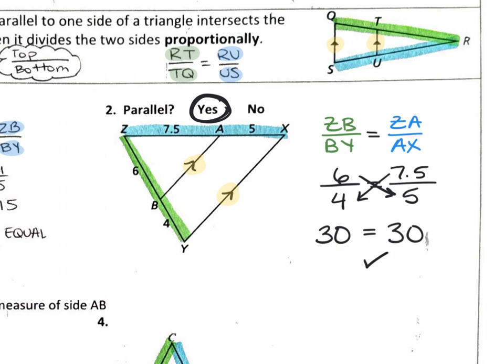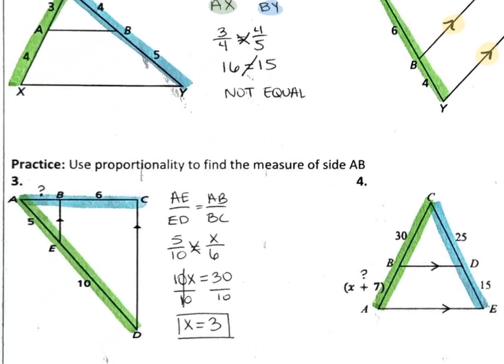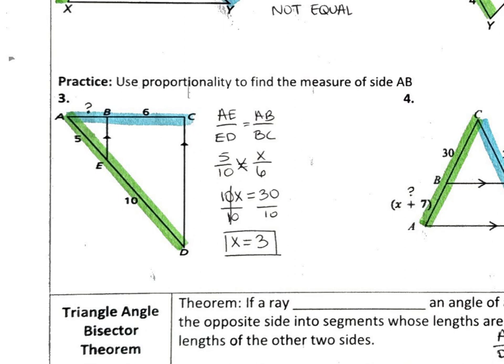So we can use this idea of proportionality to not only answer if two lines are parallel, but find missing side lengths. This time, when we set up our proportion, we will have a variable. Looking at the color scheme here, AE and ED are my greens, and AB and BC are my blues. AE is 5, ED is 10, AB is missing, so we put an x right there, and BC is 6.